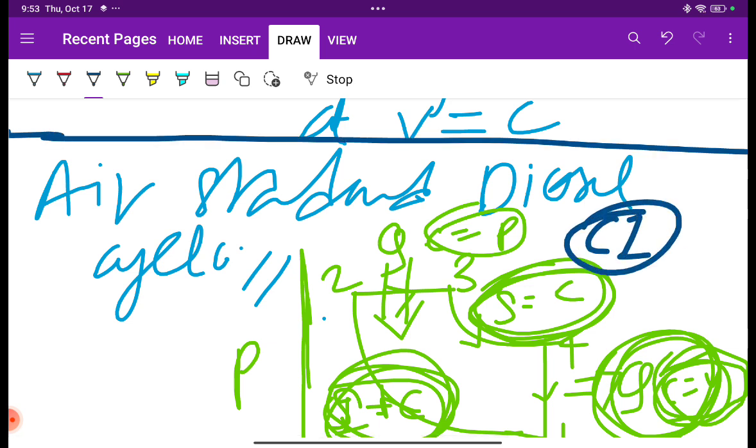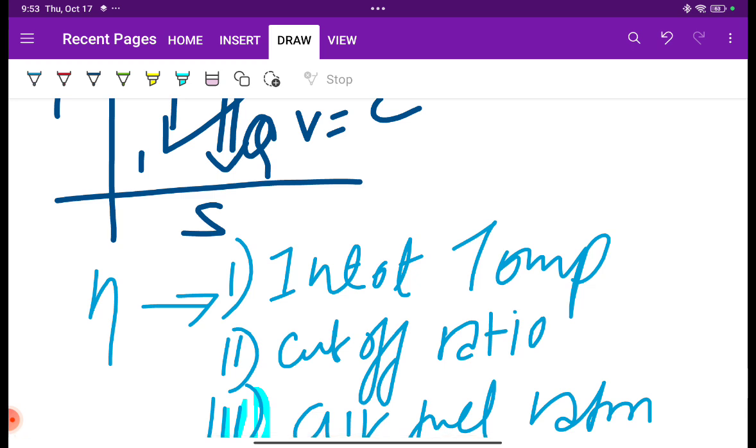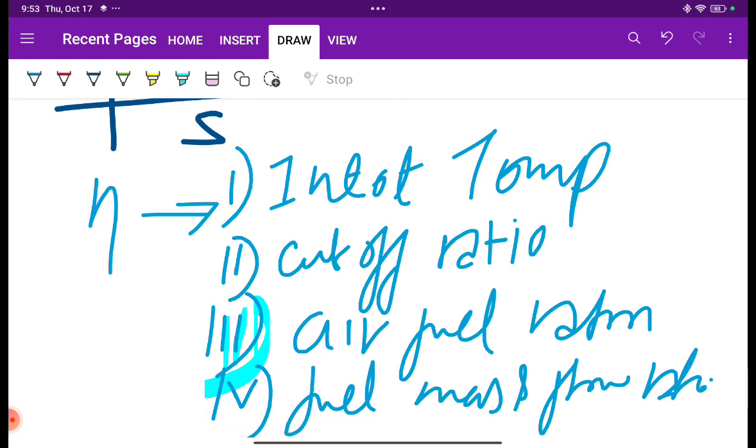It means it doesn't have a spark plug. It works such that when the compressed hot air comes in touch with the fuel, it automatically gets combusted due to the kinetic energy of the gas molecules within the air particles. The chemical reaction will automatically take place.